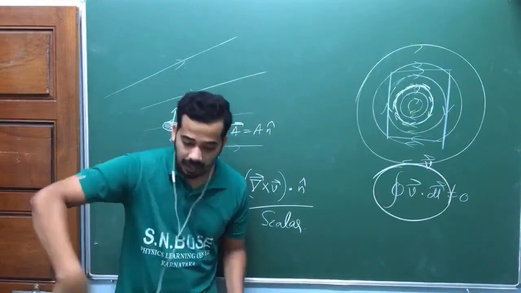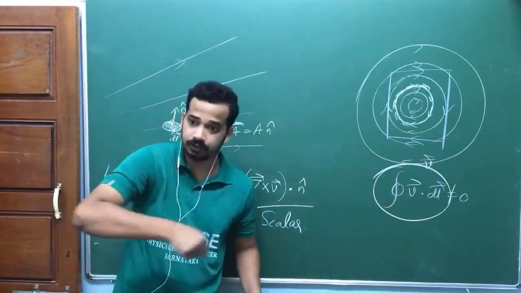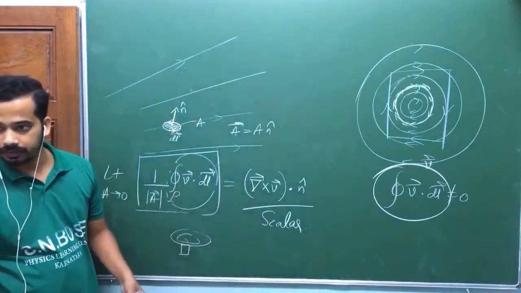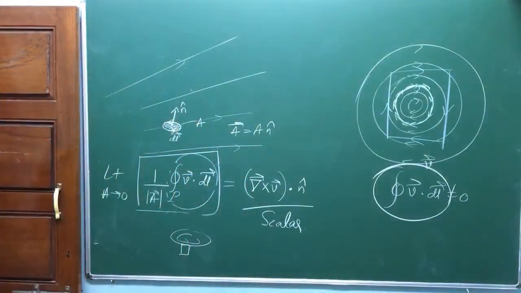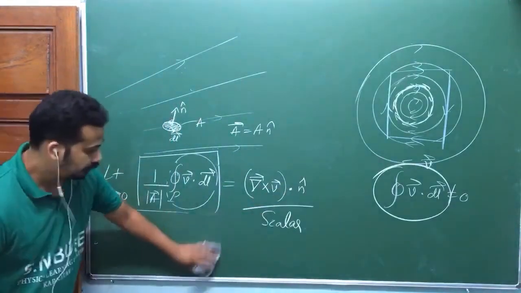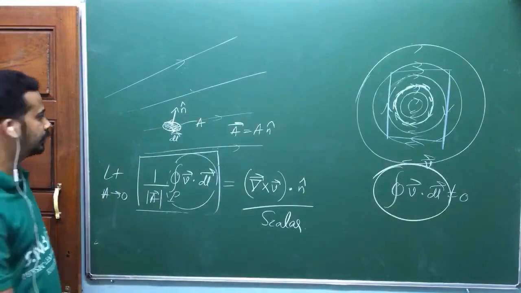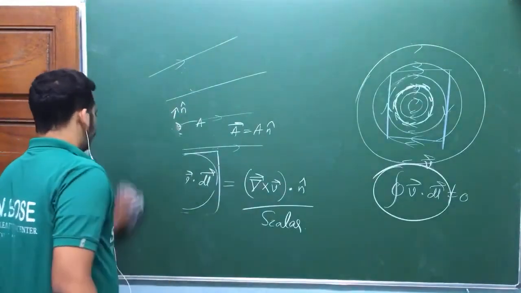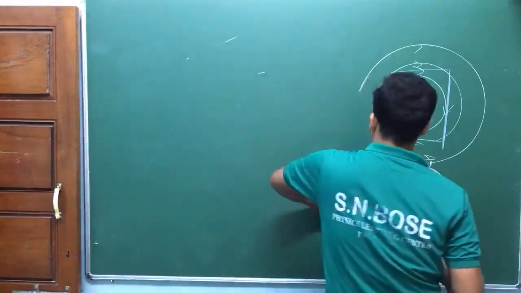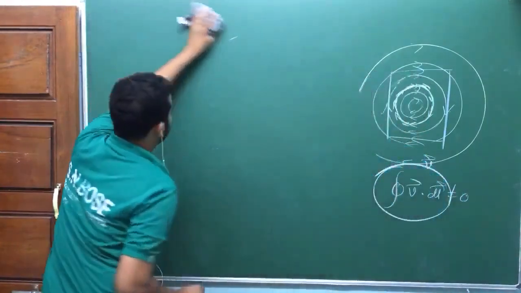If you take a horizontal line integral, you get non-zero. That's why this dot product is very important. Fluid dynamics people use these things very much. We don't need too much of it here.